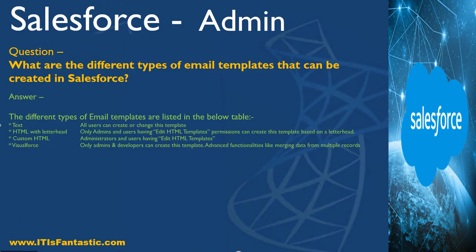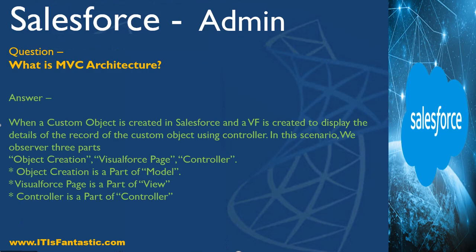What are the different types of email templates that can be created in Salesforce? Text, HTML with letterhead, custom HTML, and Visualforce. What is MVC architecture? What is model, view, controller architecture?